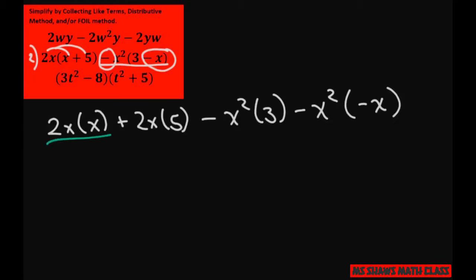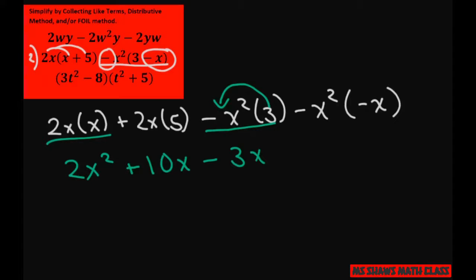All right, so this is going to be 2x squared plus 10x minus, go ahead and put your coefficient in front, looks better, 3x squared. 2 negatives will make a positive, so it's going to be positive, and x squared times x is x cubed.